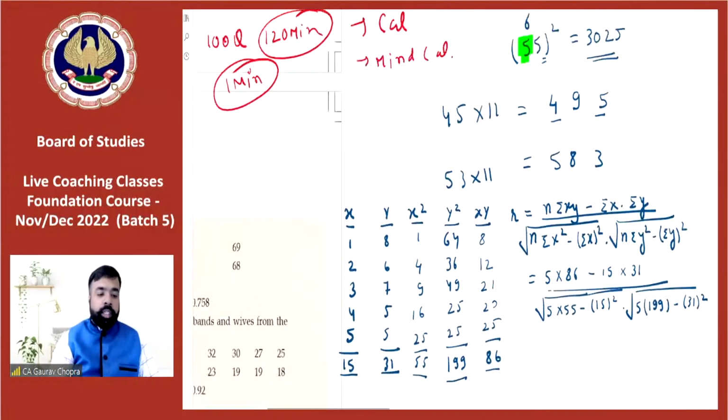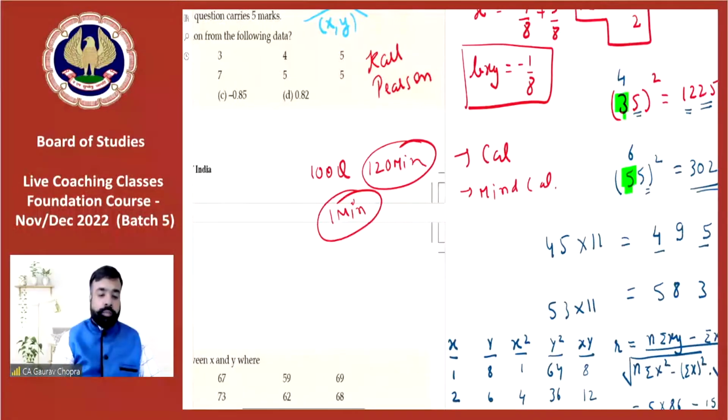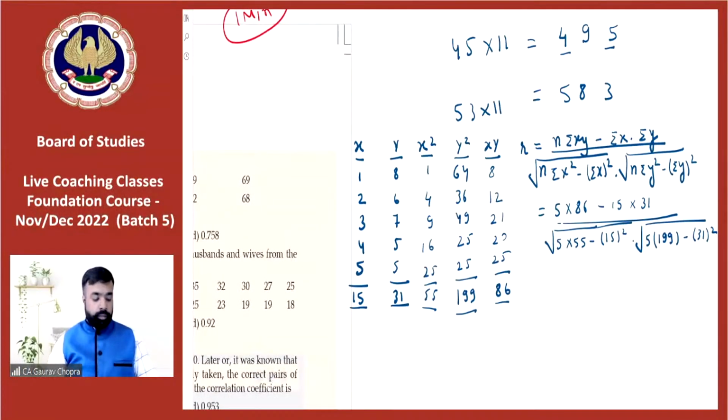Options are given in the question. You have to select one correct option. So Pranav Khanna is given negative 0.85. Pranav is giving negative 0.85.